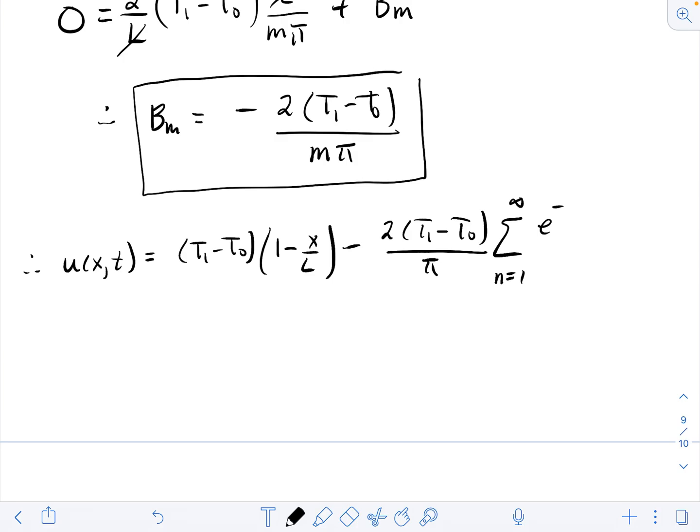So we have e to the minus lambda_n squared t, and here's the 1 over n from the b coefficient, and then sine of n pi x over L.